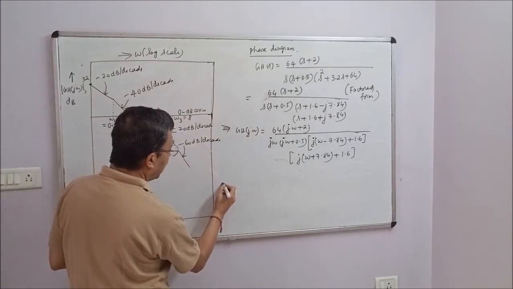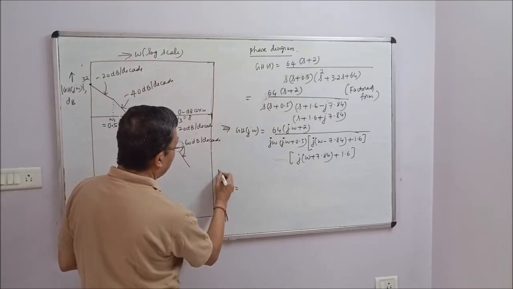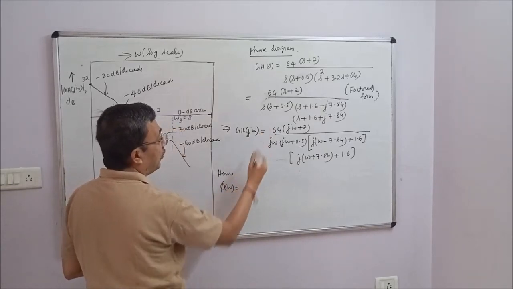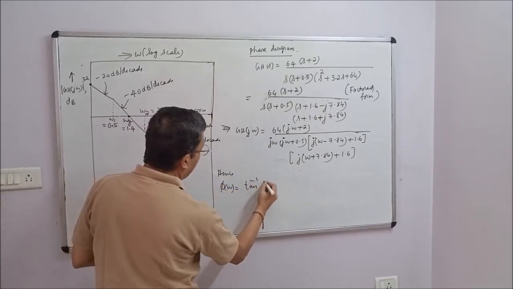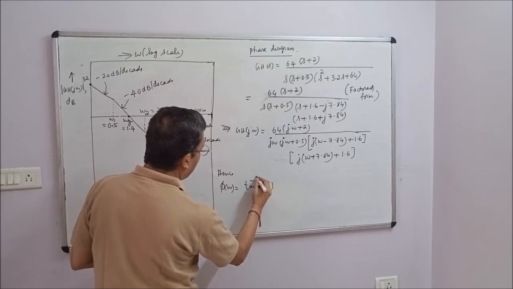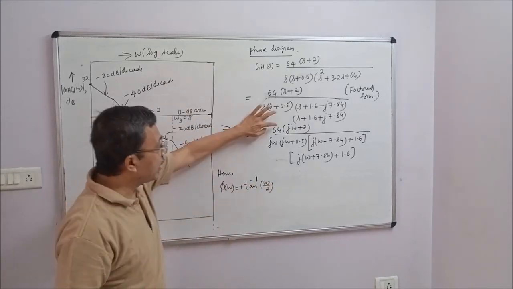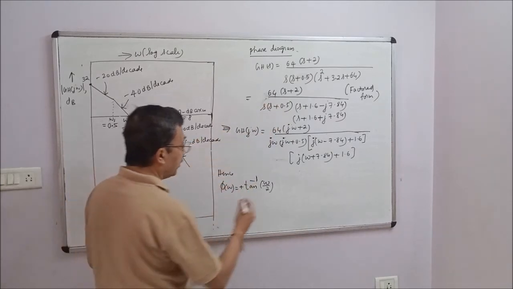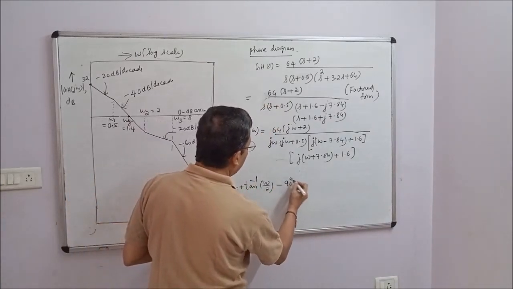What is phi of omega? Hence phi of omega: 64 gives an angle equal to 0, leave it. Tan inverse of imaginary part by real part, it is plus. Any factor in the numerator will always give a positive angle. J omega in the denominator will give an angle of minus 90 degrees.